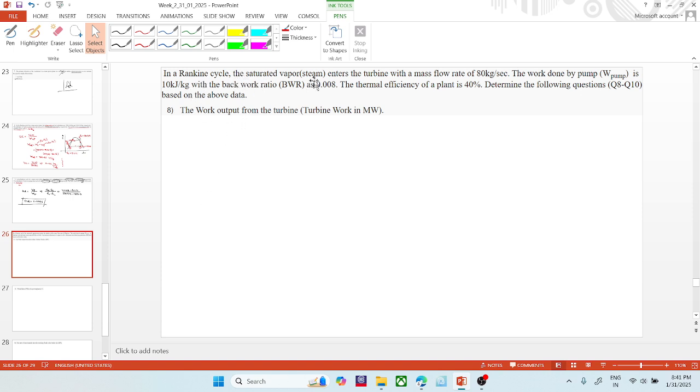Then next is 8. In the Rankine cycle, the saturated vapor or steam enters the turbine with a mass flow rate of 80 kg per second. So this is, I think, quite a lengthy problem. Let's see. Here the mass flow rate of steam is given, 80 kg per second, and it enters the turbine as saturated vapor.